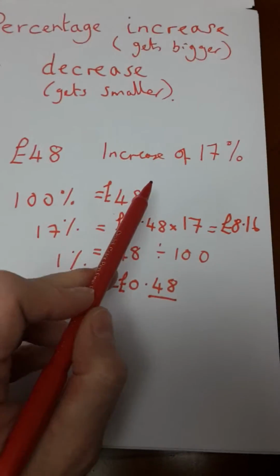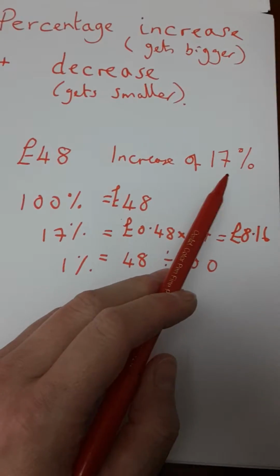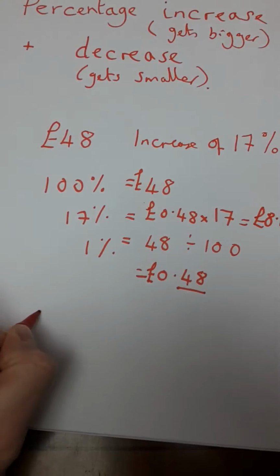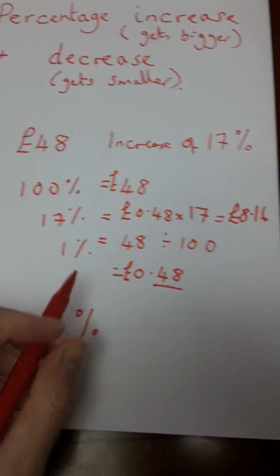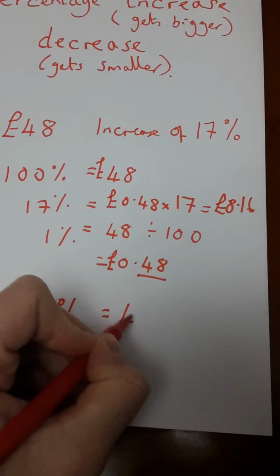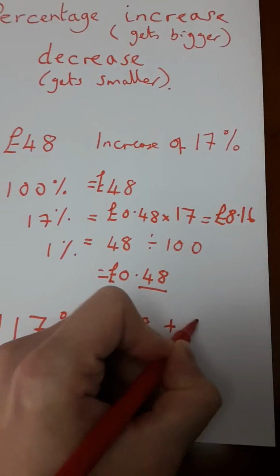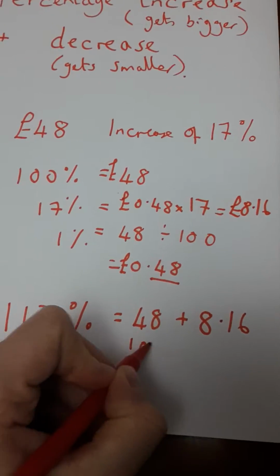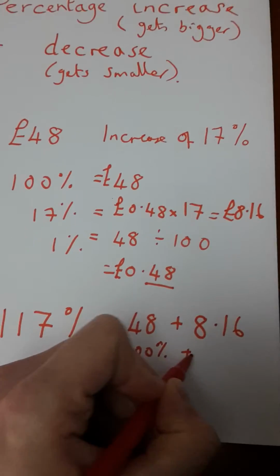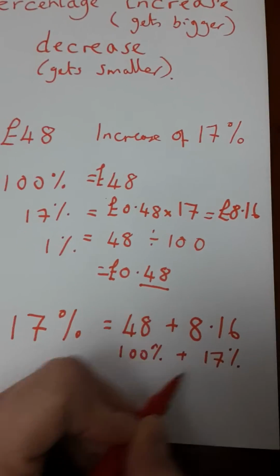So if we increase by 17%, that means our new total has to be worth 117%, which is our 100% of 48 plus our increase of 17% added. So this is our 100% and this is our 17%.